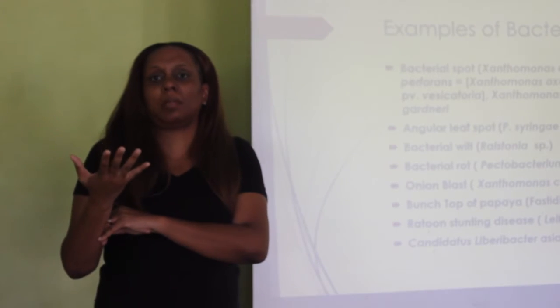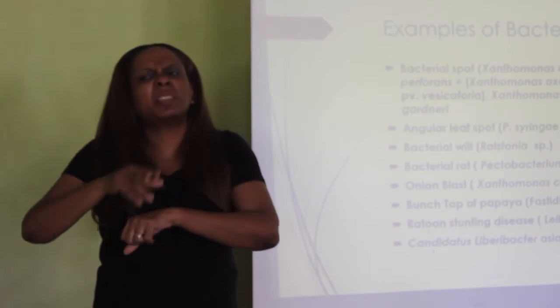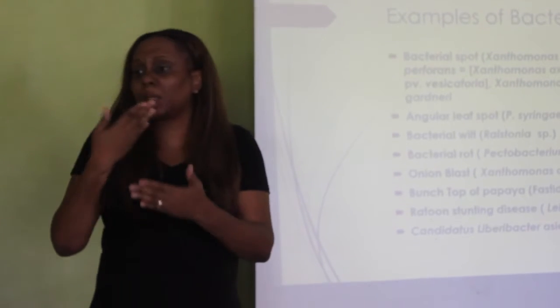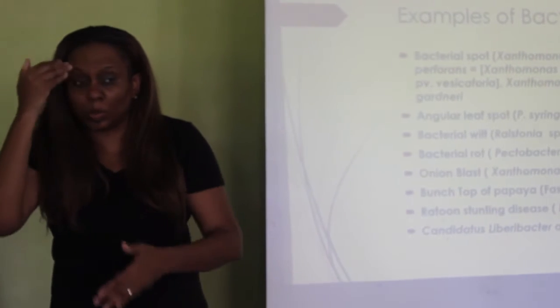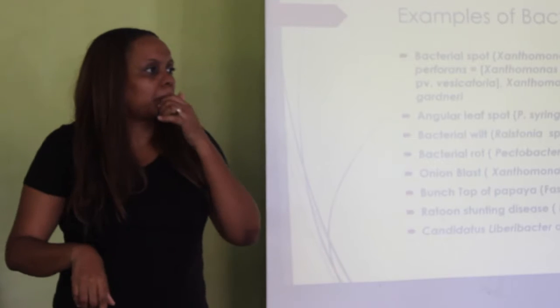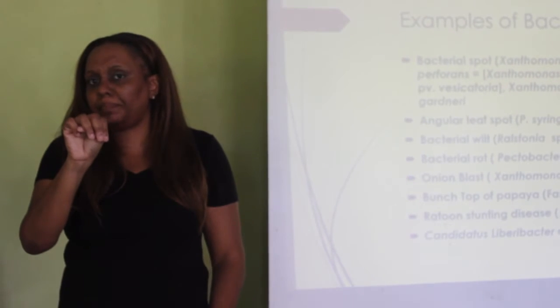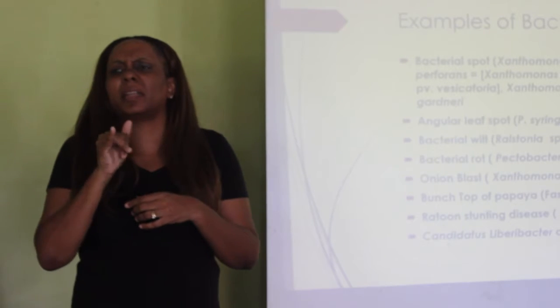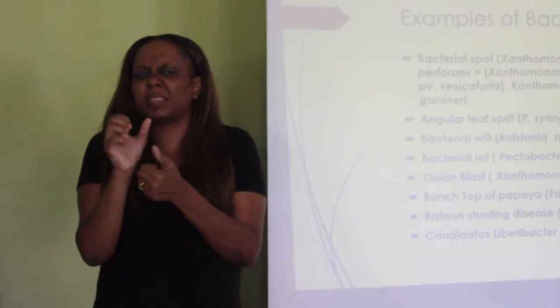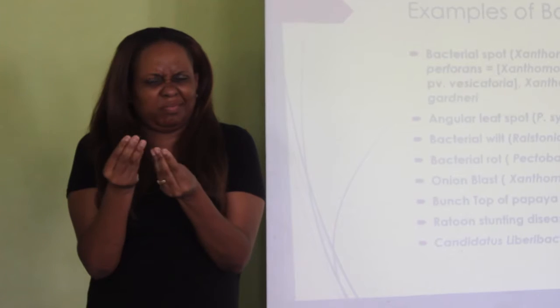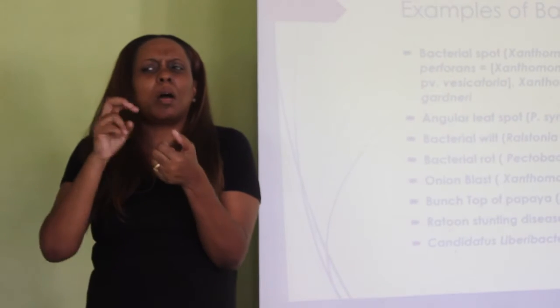It can affect the quality of the fruit. Another way that you can identify bunchy top on your pawpaw tree is if you look at the stem, it has something like water-soaked spots, like greasy spots on the stem. That is a way in which you can identify the bunchy top on the pawpaw tree.